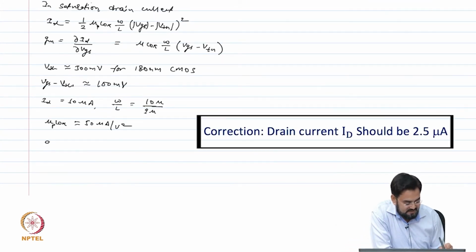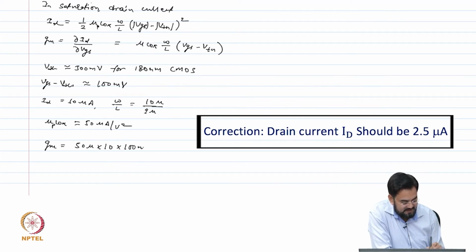So, your gm is 50 micro multiplied by 10 multiplied by 100 millivolt, which comes to about how much? 100 milli? How come 100 milli?